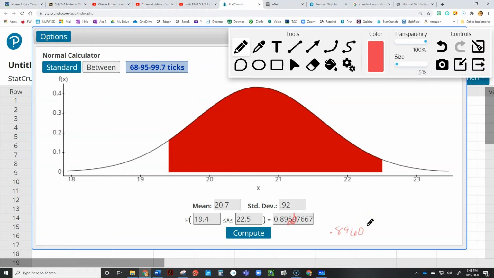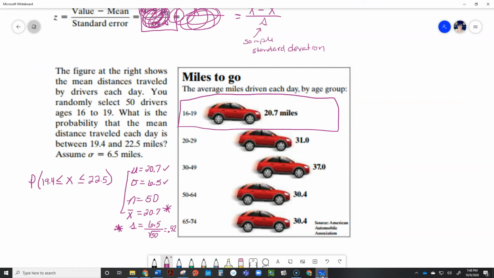Okay, that should be the answer to the question. What is the probability? So the probability was 0.8960.